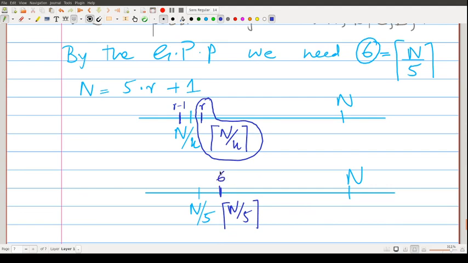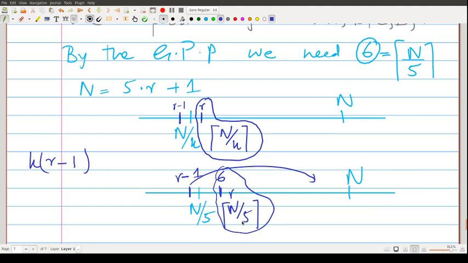I am looking for such an r. And if I multiply r minus 1 with k, not with n, with k, so if this was divided by 5, then divided by 4 would be somewhere over here, so multiplied by k plus 1.